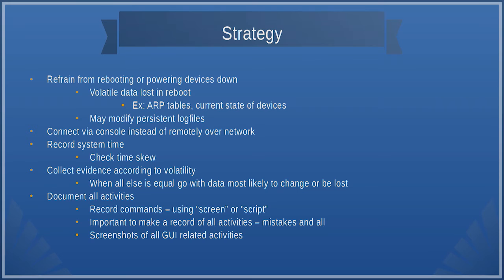So, what should be your strategy as a network forensic specialist? First, refrain from rebooting or powering devices down, because once you do that, you lose the data, especially the volatile data. For example, the ARP tables and the current state of the devices all go off. In some devices, if you reboot, the log files go off. One example is /tmp in Linux machines.